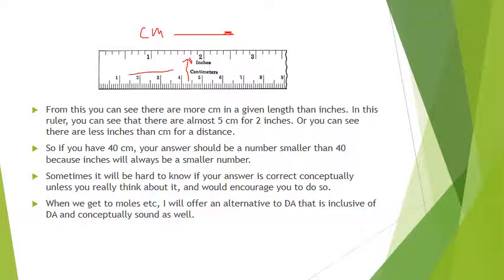So here's my centimeters, where there are a lot of numbers, and these are smaller numbers. So this number here has got to be smaller than my centimeter number. So 42, and I end up with 17. Okay. So a lot of times by looking at the scale, you can actually figure out that it makes sense.